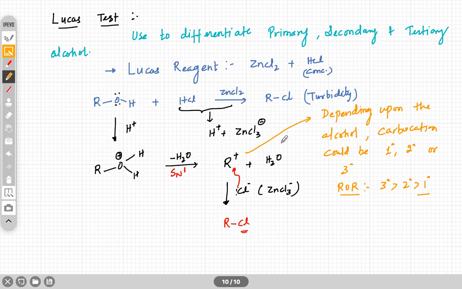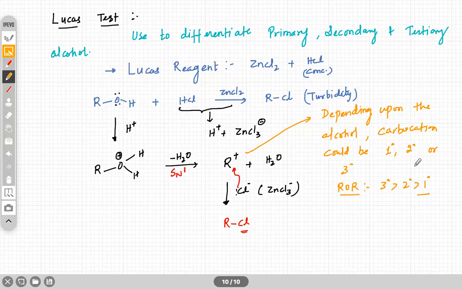If you place these compounds one by one into the solution, it gives turbidity. Depending upon the time taken for this turbidity to appear, we can say whether the compound is 1 degree, 2 degree, or 3 degree, because we know the rate of the reaction with respect to 1 degree, 2 degree, and 3 degree.